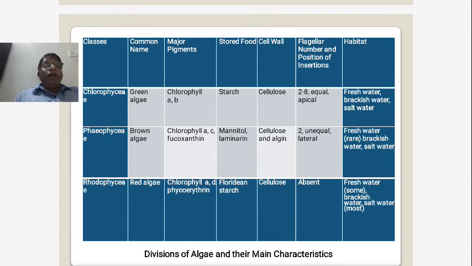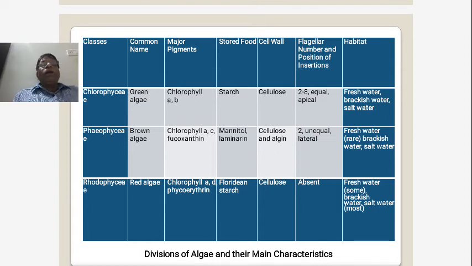Then, if we examine the occurrence or the habitat, just like class Chlorophyceae, some of them are freshwater and others are found growing in brackish water. Many of the species are found growing in salt water.